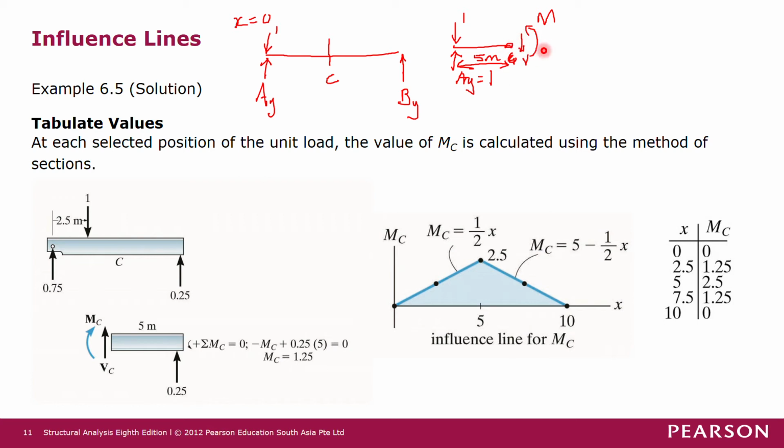When we sum moment, we have M plus 1 times 5 minus 1 times 5 equals 0, then M equals 0. So in this case, M equals 0 when x equals 0. So MC is 0. This bending moment is MC because it's at point C.